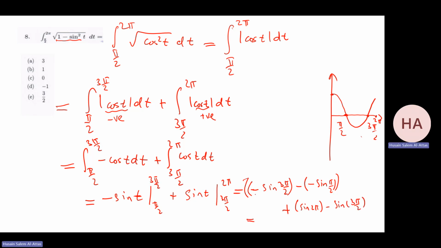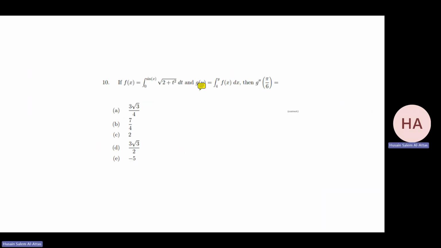Here, sine 3 pi over 2 is minus 1, so that will be 1. This is 1 minus minus, that will be 1 plus. This is 0. And this is minus 1. Minus, so it will be another plus 1. That will be 3. And this is my answer. It's a matter of calculation.